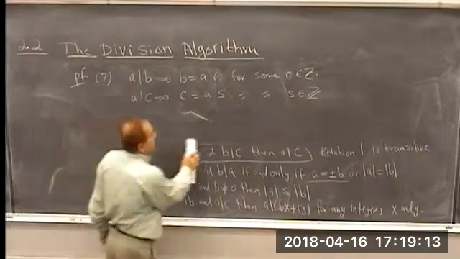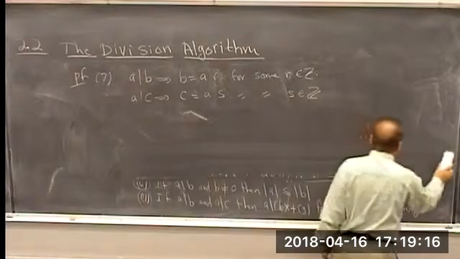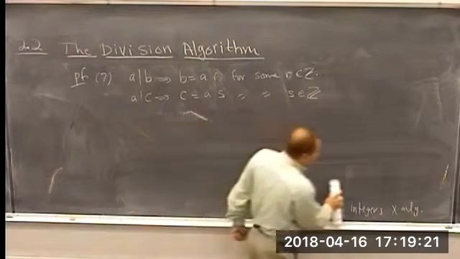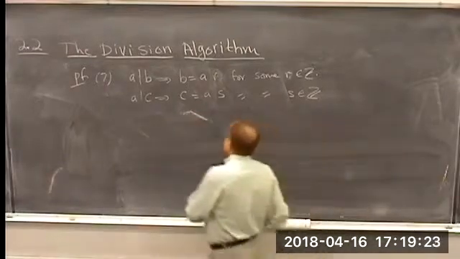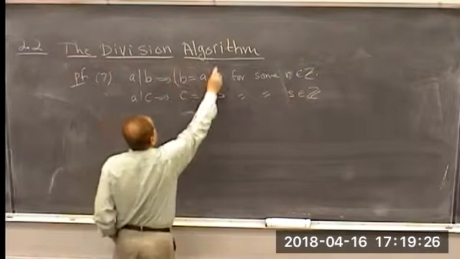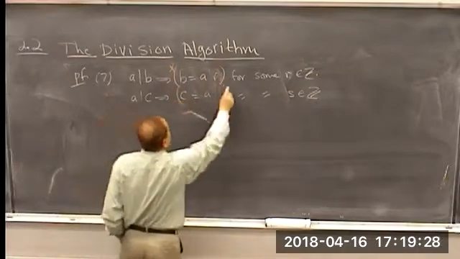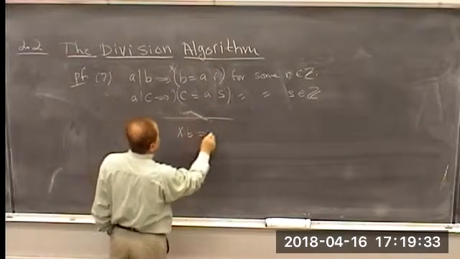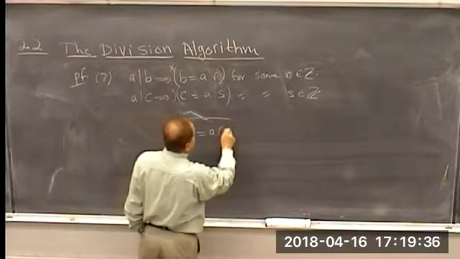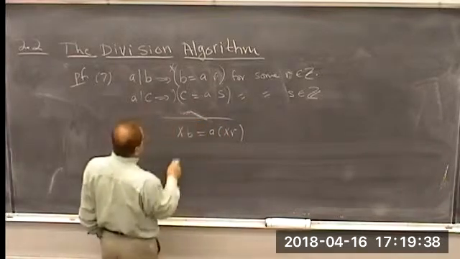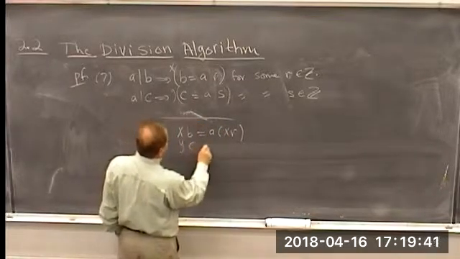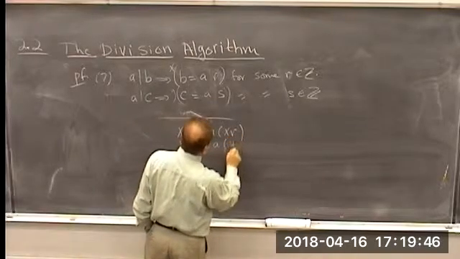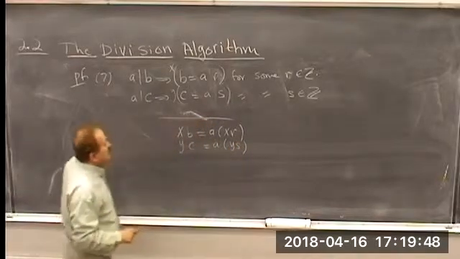I want to multiply the first equation by X and the second equation by Y. So this would give XB equal to AXR, and YC is equal to AYS.